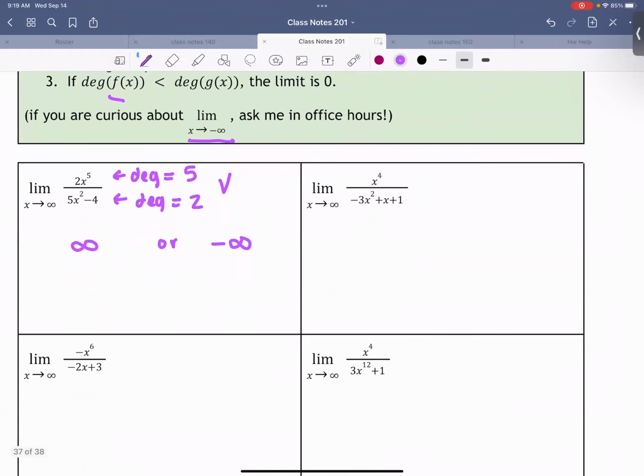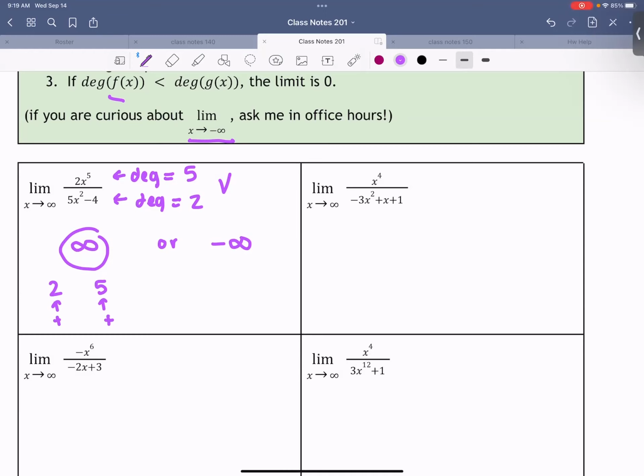Which one is it? Positive, right? Because the coefficient of the highest power in the numerator is 2, and in the denominator is 5.